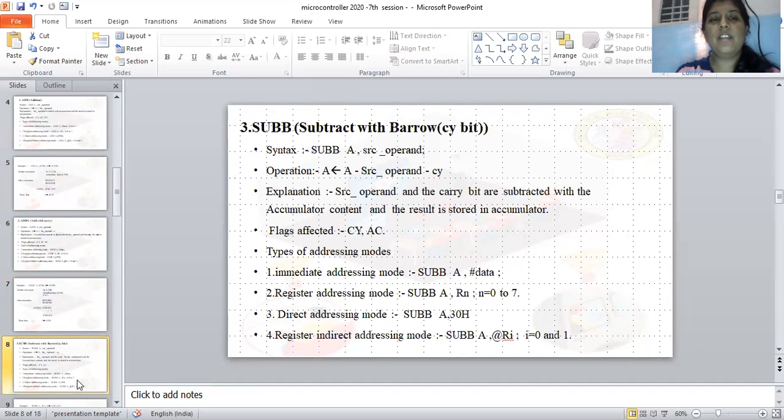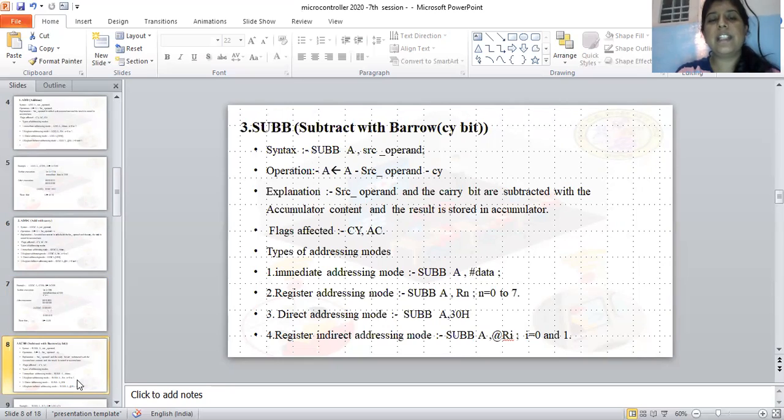One more instruction of the arithmetic instruction set is SUBB, that is subtract with borrow or carry bit. Syntax is SUBB A, source operand.